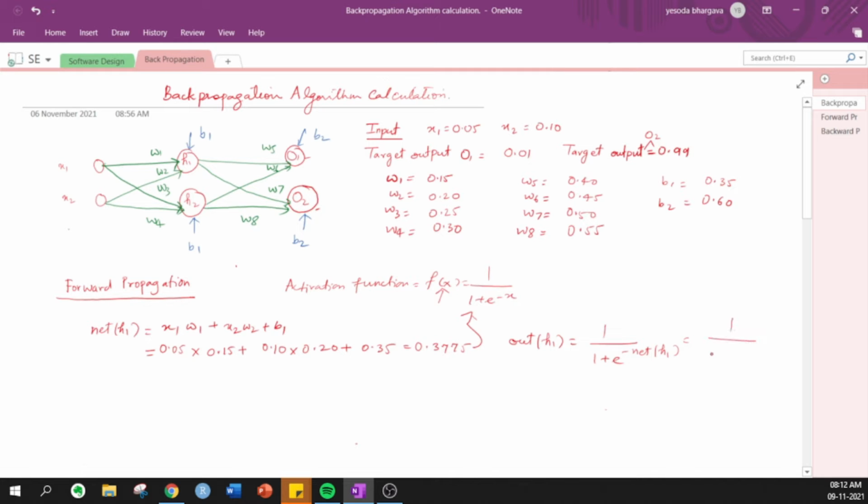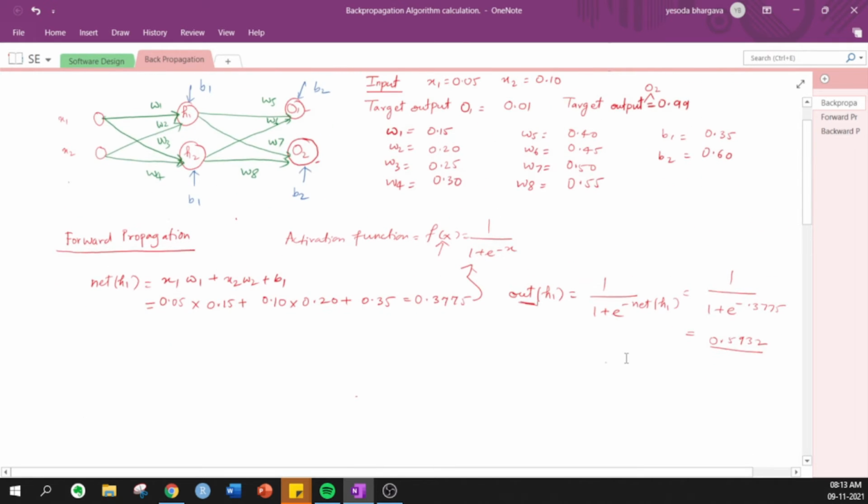So this is 1 upon 1 plus e raised to power minus 0.3775, which comes out to be 0.5932. The important thing to remember is that this is the final output that this neuron H1 will pass on to the next layer. This is nothing but the sigmoid value of net H1.